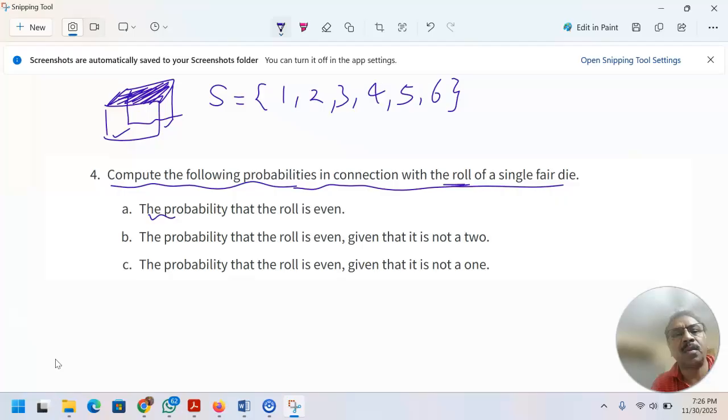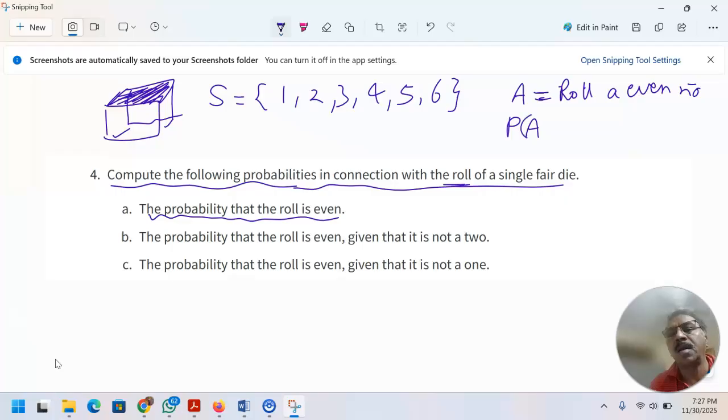The first question is, what is the probability that the roll is even? Let's call this A, that the outcome that shows up is an even number. We want to know the probability of A, right? So how many possibilities are there?